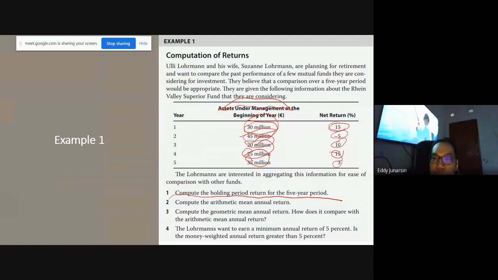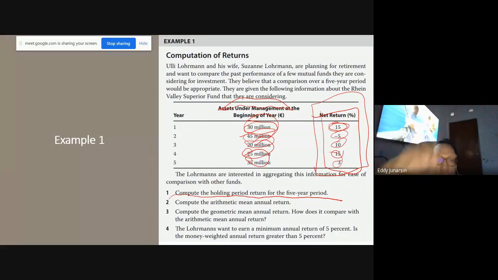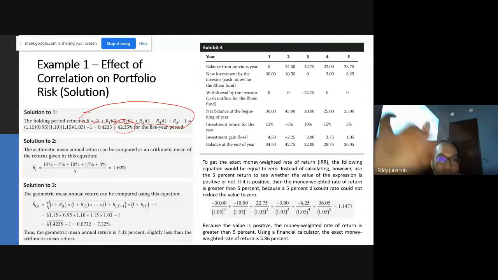We earn 15% for the first year, minus 5, and so on. With this kind of returns, what is the end amount of our money? So see that 1 plus 15% multiplied by 1 minus 5 multiplied by 1 plus 10 multiplied by 1 plus 15 multiplied by 1 plus 3. It's not that meaningful because we just want to know, when you start with a certain amount of money, how much will you end up with? So we find out that it's 42.35% at the end.